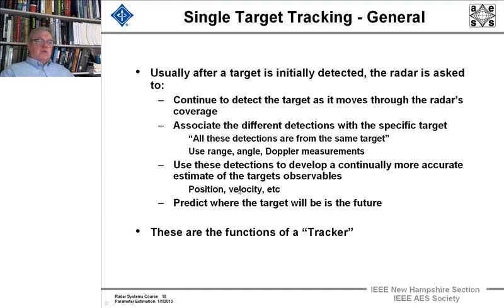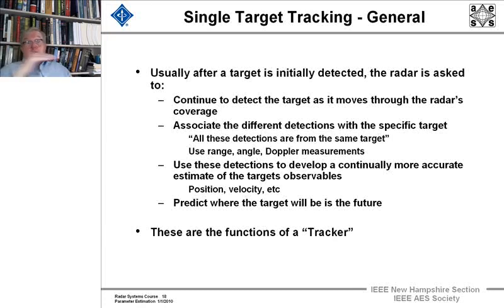And then also, after you've collected a number of target observations that you're sure is a track, and it's different in early track than in later, you want to predict as accurately as you can where the target is going to be in the future, so that you can look right in that range azimuth space for a detection.